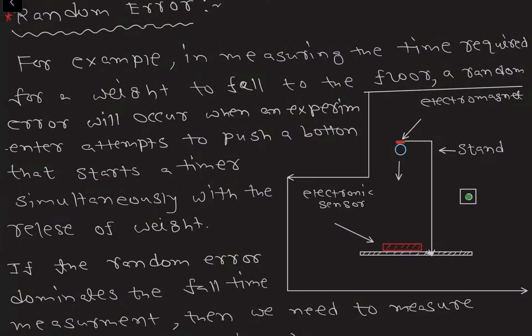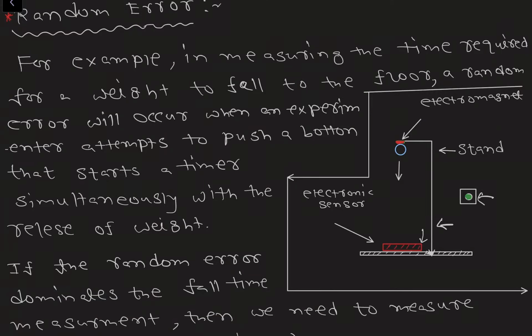So let us start with an example. Consider we are measuring the time required for a weight to fall to the floor from a height h. To do so, we have a very good system: we have an electromagnet which is holding an iron ball, and on the ground we have an electronic sensor.